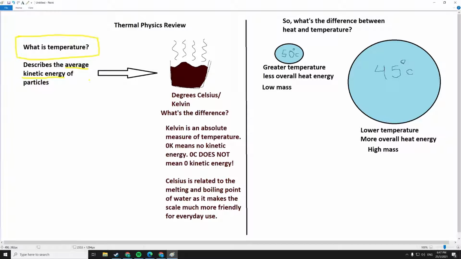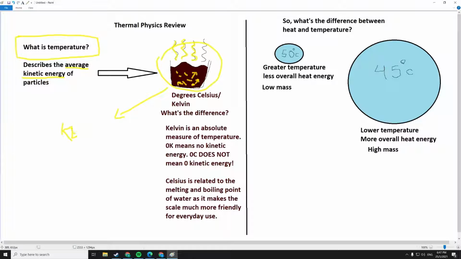So if I have a cup of coffee over here, as you can see, it's quite hot, which you can see from the little eddies of steam going out of it. And when you touch it, it feels hot because the particles in the coffee are swimming around, basically moving at a very high speed, with a very high velocity, which causes their kinetic energy, which you should remember from mechanics.